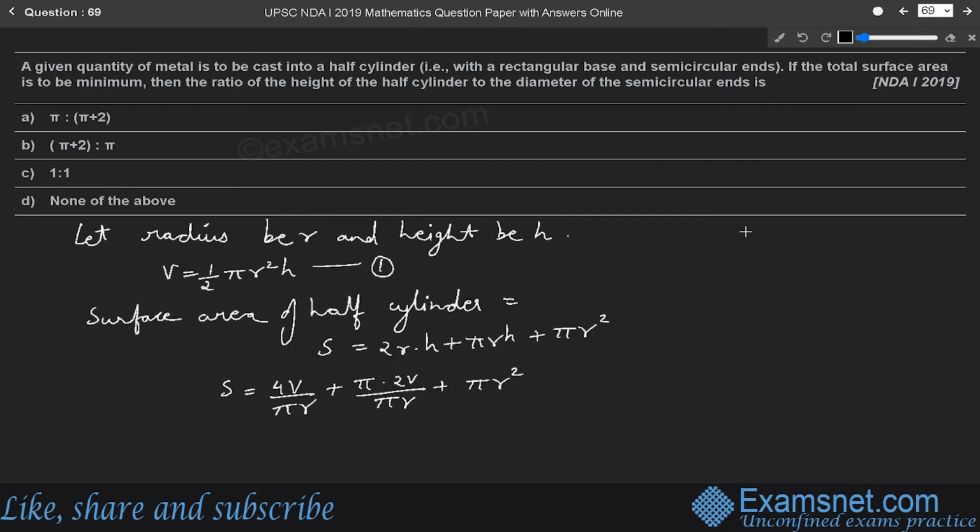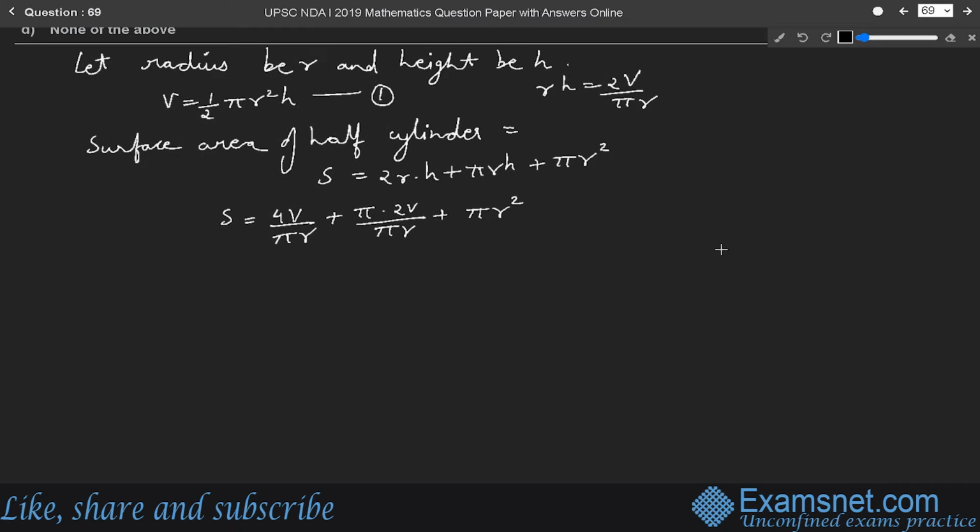From equation 1 we will have r h is equal to 2v upon pi r. So now taking its first order derivative, it will be ds upon dr is equal to minus 4v upon pi r square minus 2v upon r square plus 2 pi r is equal to 0.